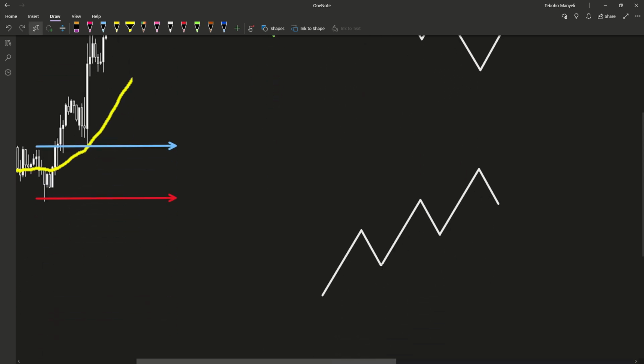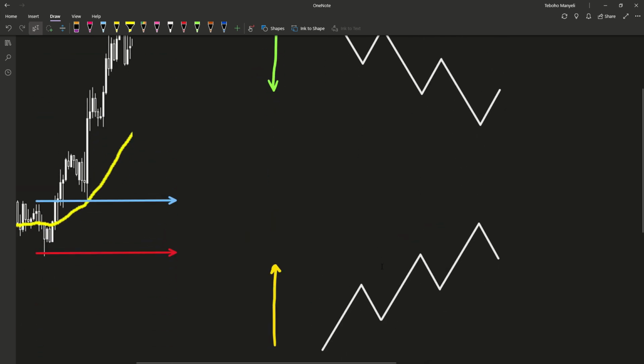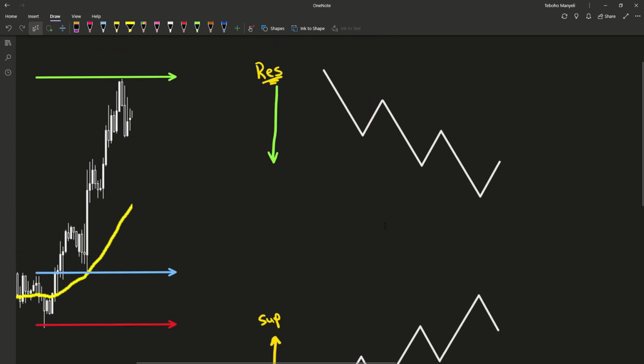Likewise, if the market is going upwards, the moving average should dictate the support levels, because it's pointless for us to sell in an overall bullish market.